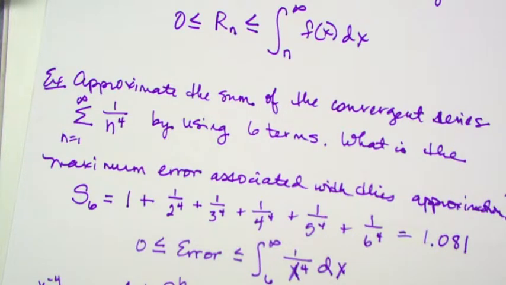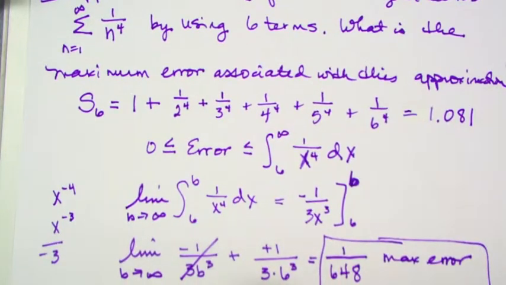So your y values are approaching 0. In this particular case, 1 over x to the 4th is a decreasing function.